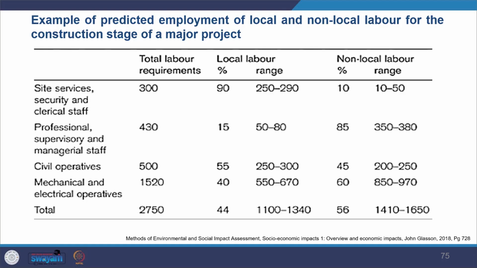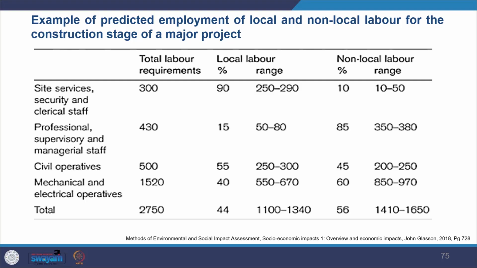Further, while predicting local and or regional direct employment impact, you can simply calculate the number of jobs that would be created. Further, you can also look into the disaggregation of different project stages, like at different locations, different time periods, what kind of jobs will be created.